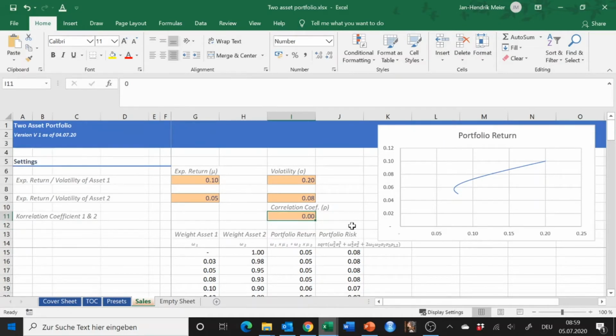Okay, I'm now going to reduce it even more, and we see that this diversification effect, and this is diversification, even gets stronger. Of course, if we have a negative correlation, the one share is typically going up, the other one is typically going down, both assets might hedge each other.